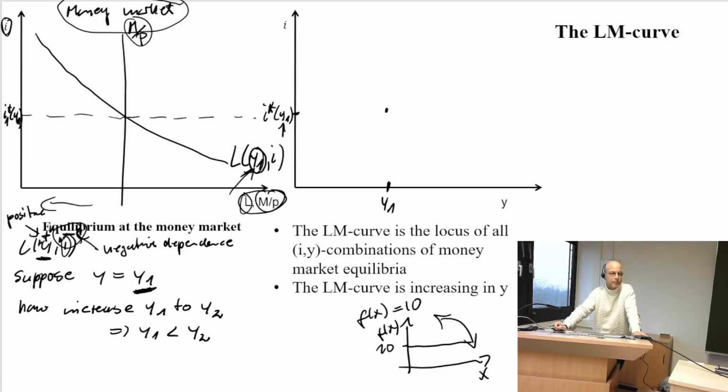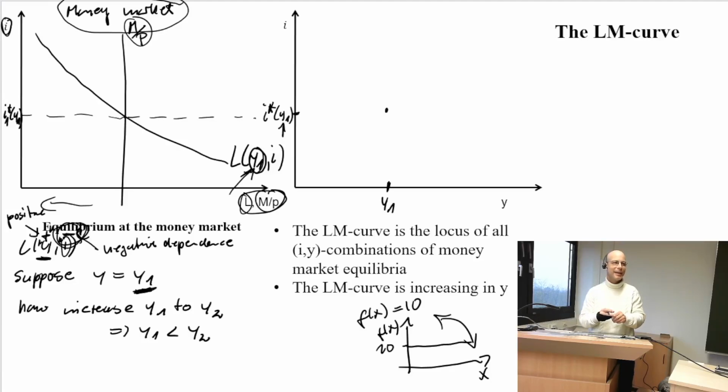What happens to our money demand curve L if this y is increasing? Not a rising slope. Why should this change? We still have our negative dependence on interest rates.